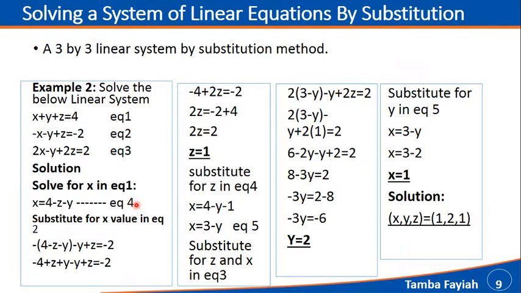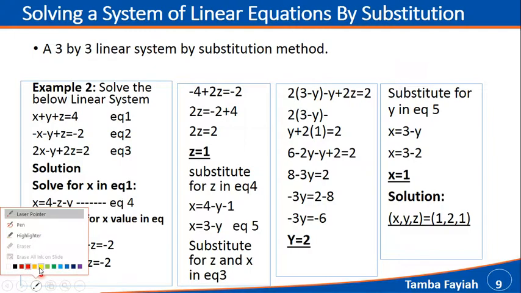The choice is yours. Just know that when you are referencing, maybe for your instructor to know, give it the equation number. So you will say substituting equation 4, substituting equation 3. That would be easier for your instructor to know what you mean, especially when you are solving for a test.